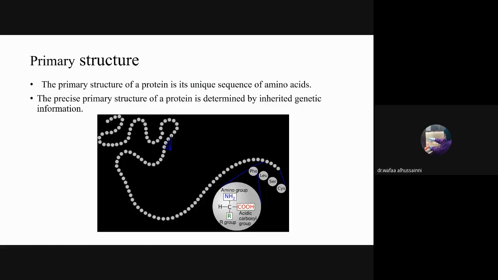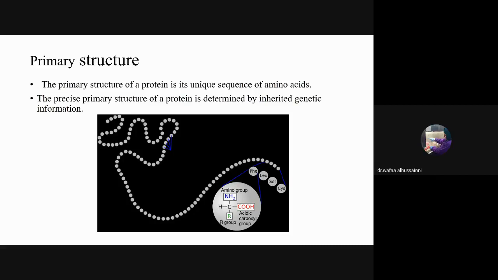They are the structure of this protein, and the sequence of those amino acids is determined by the inherited genetic information. The genetic information gives an instruction to the RNA to make a certain protein in this order.